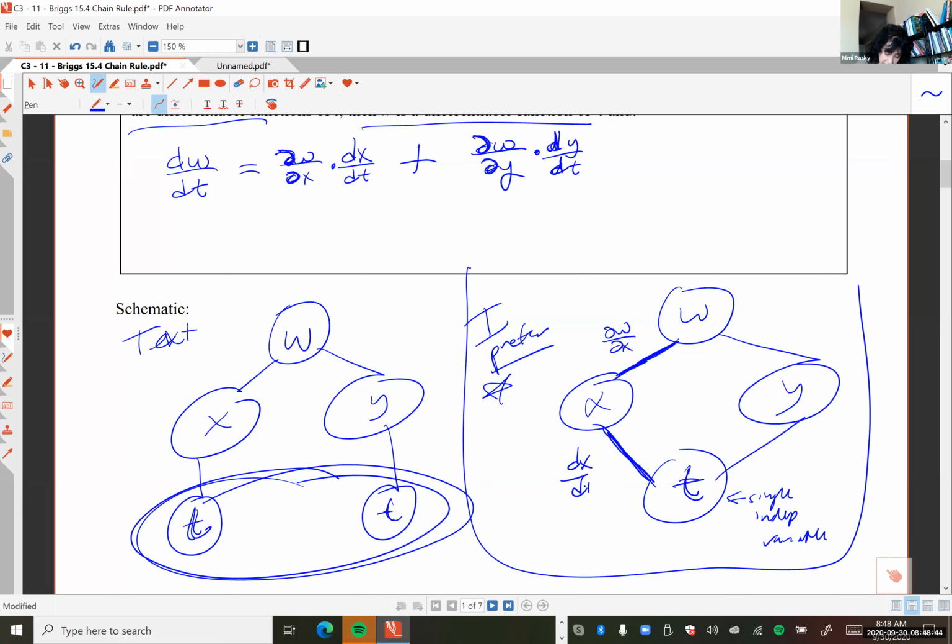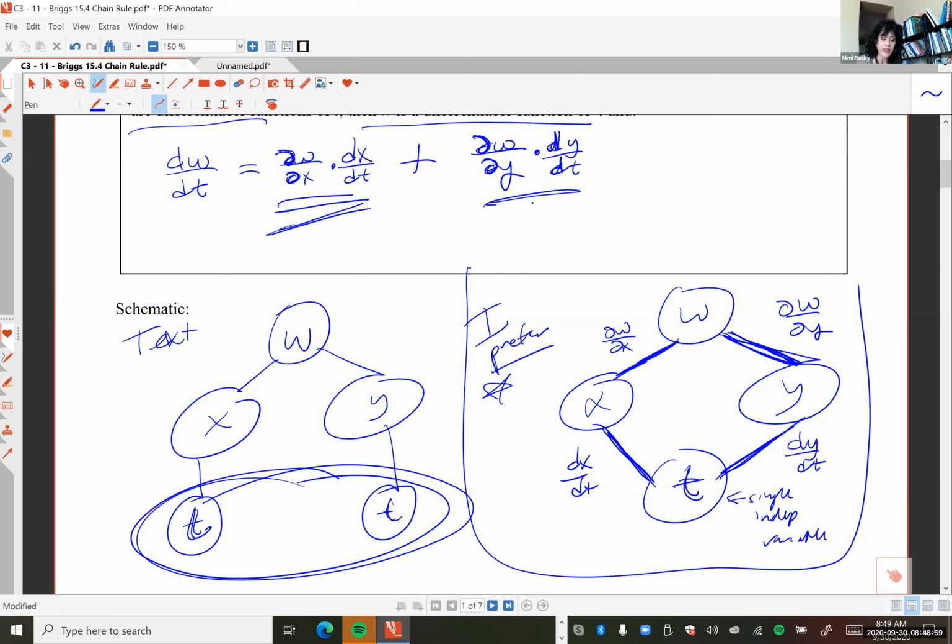So that gives you this first term in the theorem. And then down the other branch over here, you're going to add to that the partial of w with respect to y times the derivative of y with respect to t. So there's the other term. So you have to add those 2 guys together to get your chain rule.